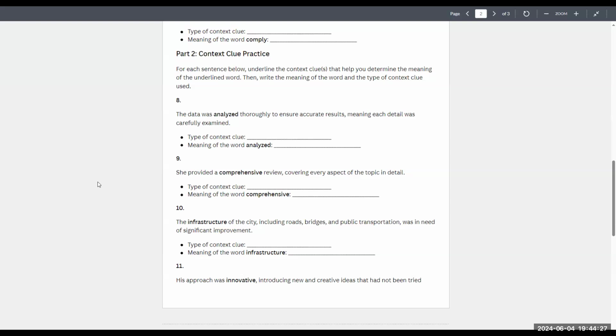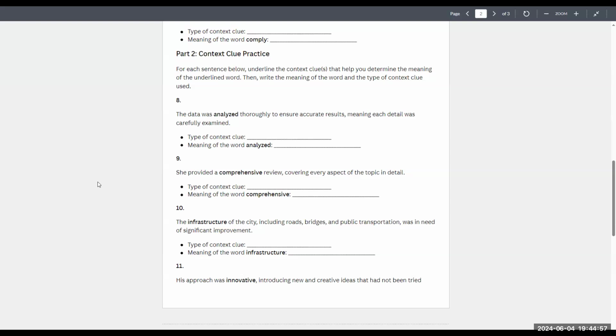She provided a comprehensive overview covering every aspect of the topic. What does comprehensive mean? One more time. You can understand it. What in the sentence shows you that? Covering every aspect in detail.